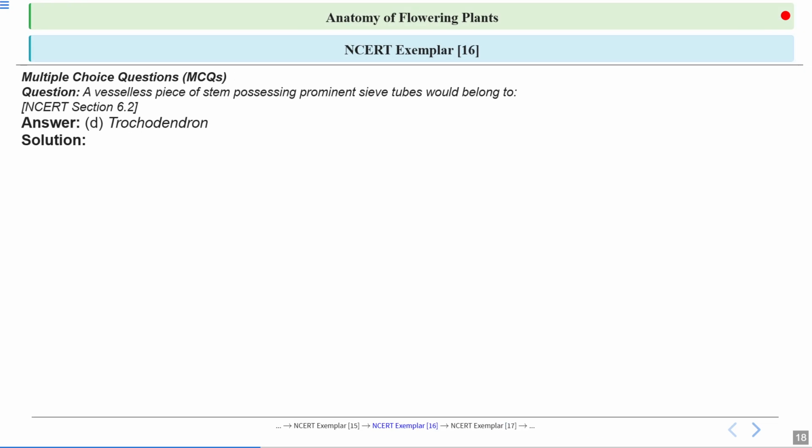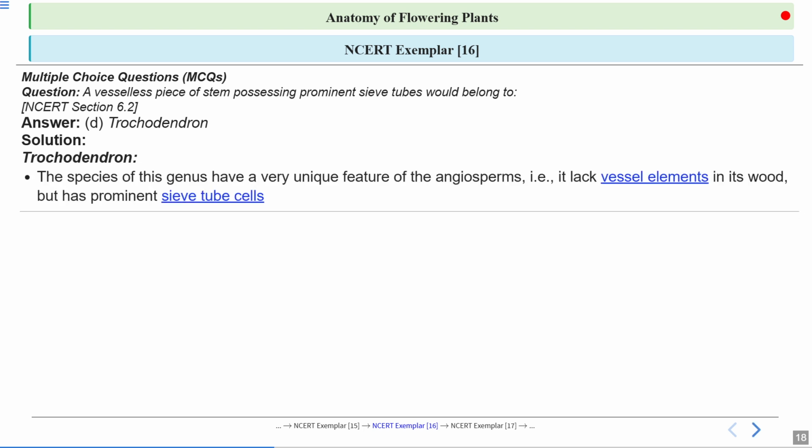So D, Trochodendron is the correct answer. The species of this genus have a very unique feature among angiosperms. Generally, angiosperms have vessels, but here you can see they lack vessel elements. They do not have vessels in the wood, but have prominent sieve tube cells.